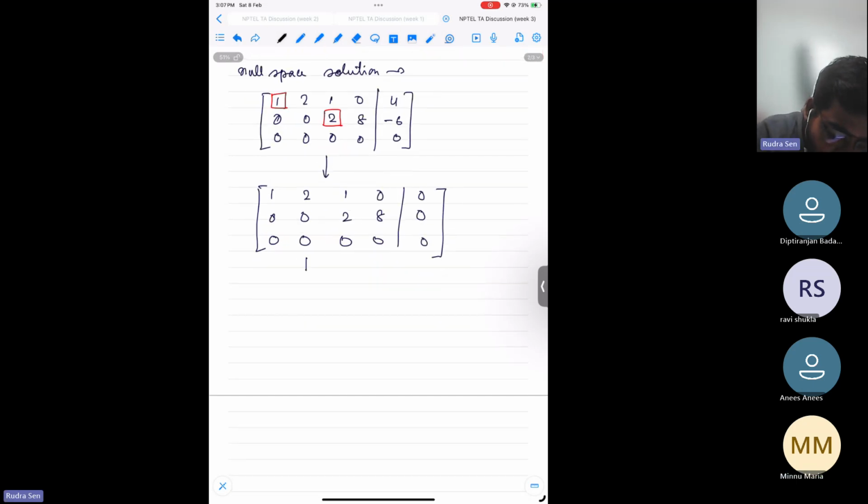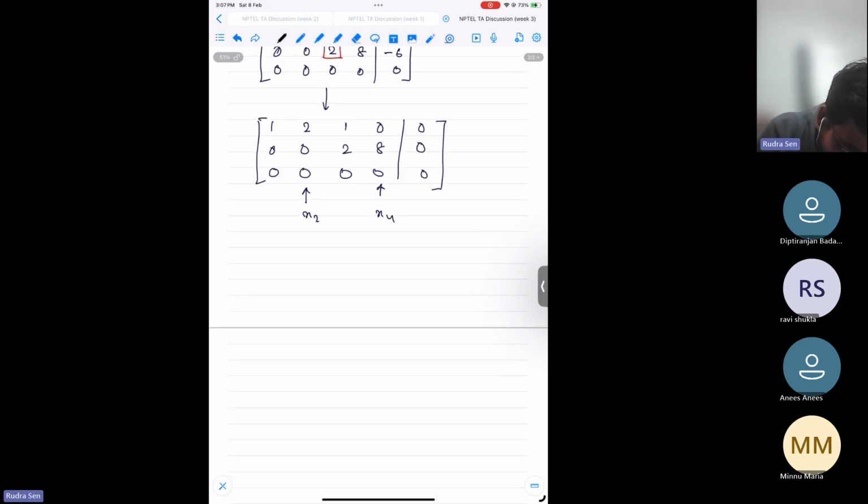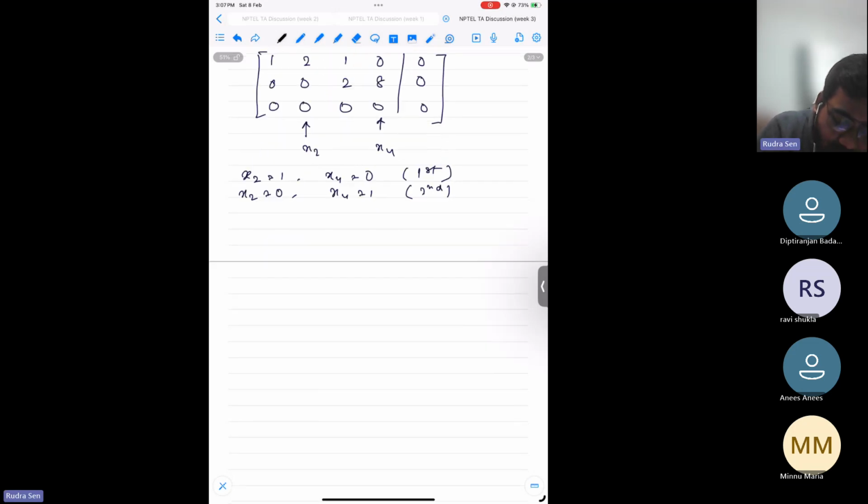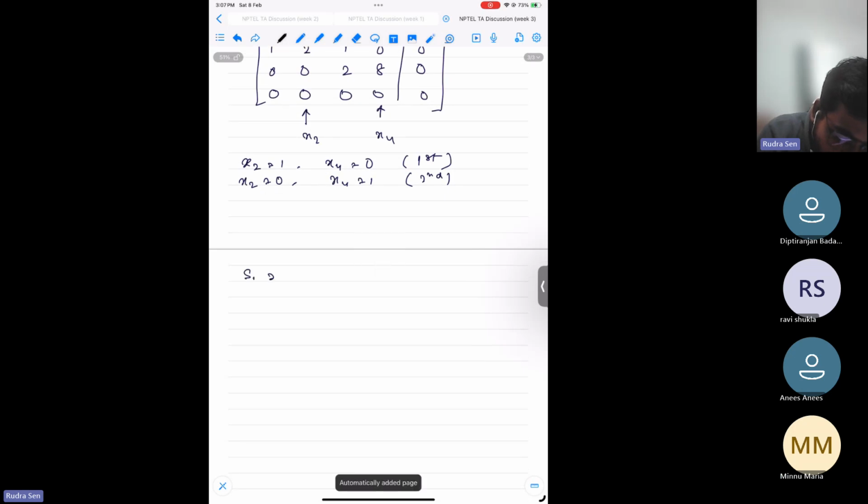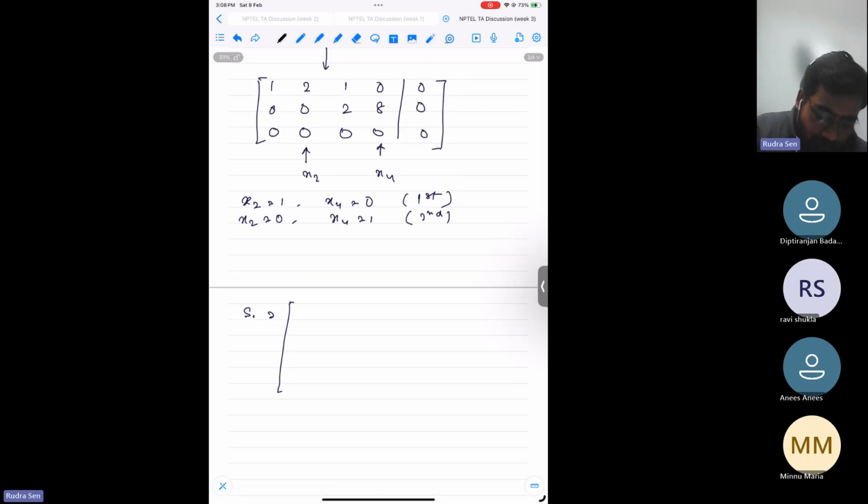Since we have two free variables, x2 and x4, what are the choices? First, we choose x2 equals 1 and x4 equals 0. The second choice is x2 equals 0 and x4 equals 1. So we'll get two solutions. For the first null space solution S1, x2 is 1 and x4 is 0.